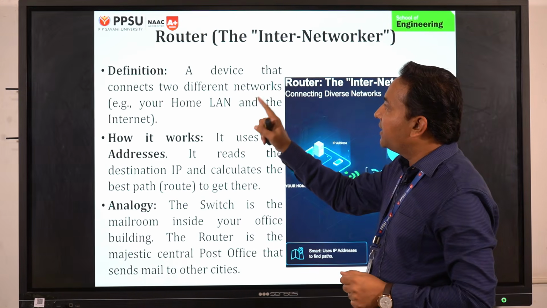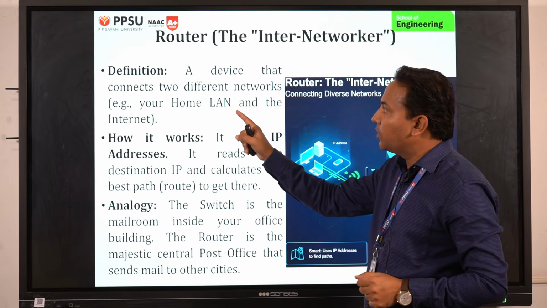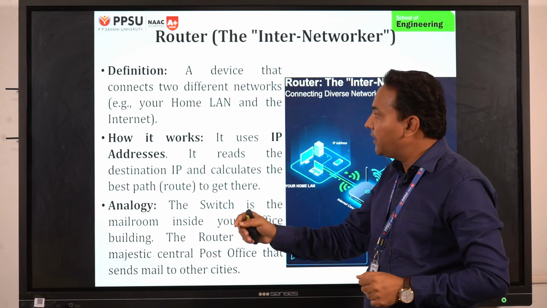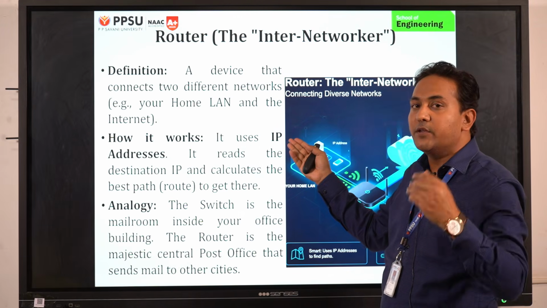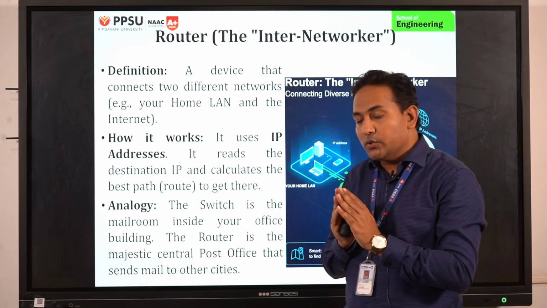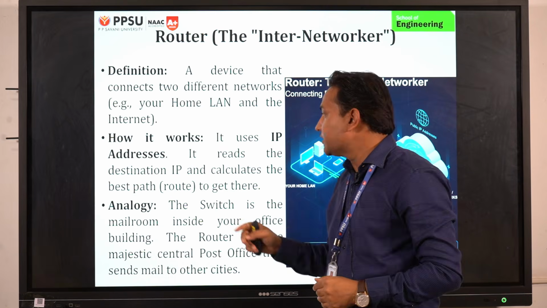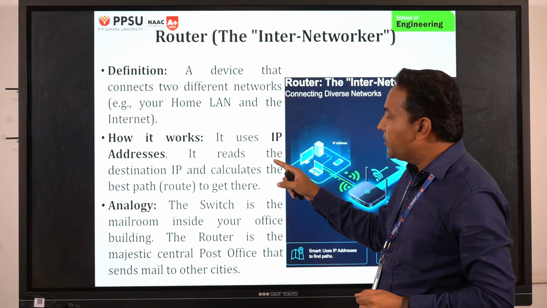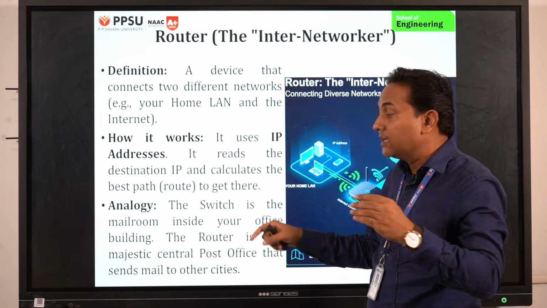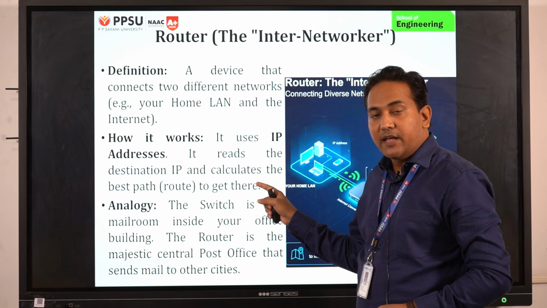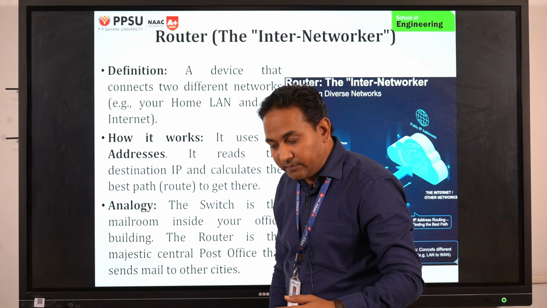It is a device that connects two different networks, like your home LAN and the internet. How does it work? It uses the IP address. Now it doesn't use only the MAC address, but the IP address. It reads the destination IP address and calculates the best path, the route to get there, right. So there will be a routing algorithm.